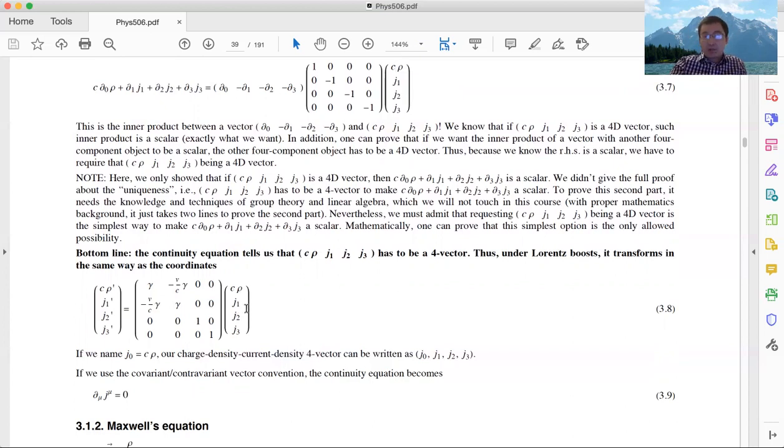The most important thing I would like to highlight here is that from this structure, we notice that charge density is not a scalar. Charge density is one component of a vector. It's not a scalar, it's part of a vector. If charge density is part of a vector, it means charge density depends on the reference frame.